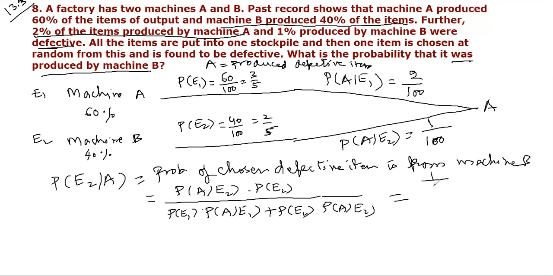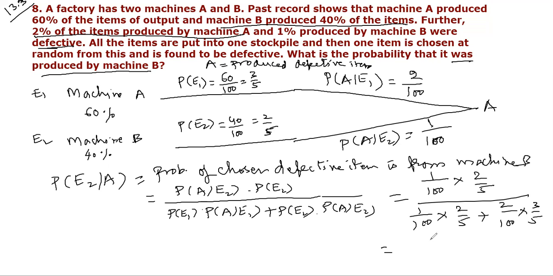That will be 1 by 100 into 2 by 5, divided by 1 by 100 into 2 by 5 plus 2 by 100 into 3 by 5. 500, 500, 500. So we will write in the numerator 2, 2 plus 3 to the 6. So 2 by 8, so 1 by 4 is the required probability.